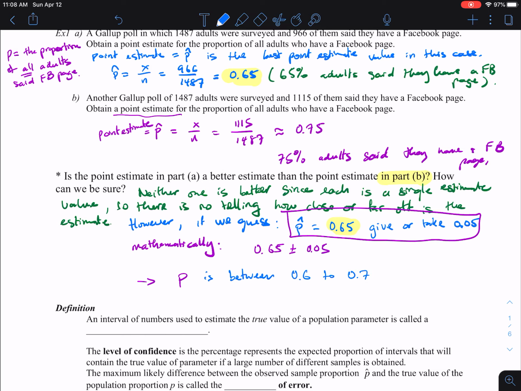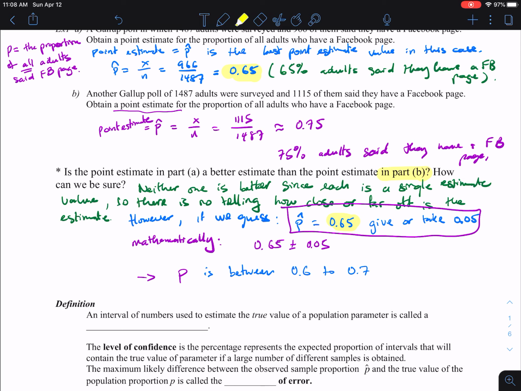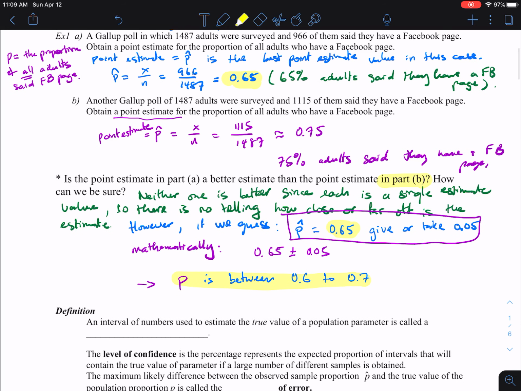How do we get that? We take 0.65, subtract 5%, so we get 0.6, and then we take 0.65, add 5%, and we get 70%. So this now is a new way of estimating the true proportion of all adults who say that they have Facebook.